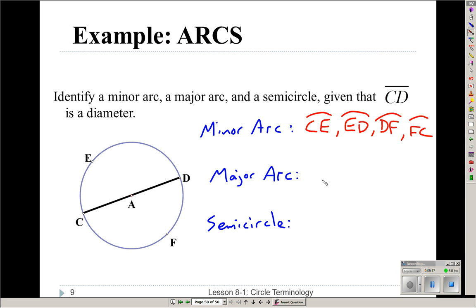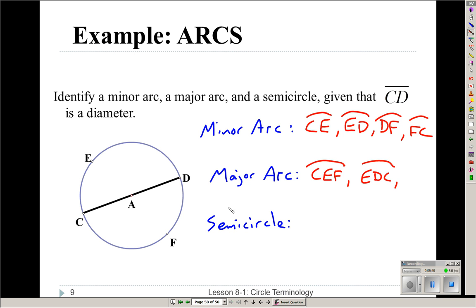Major arcs go more than halfway around the circle, more than 180 degrees worth. A major arc, like from C to E to F, you could call that arc CEF or arc CDF. D is also along the way. We also have the one that goes the long way from E to C. This one would be EDC or EFC.